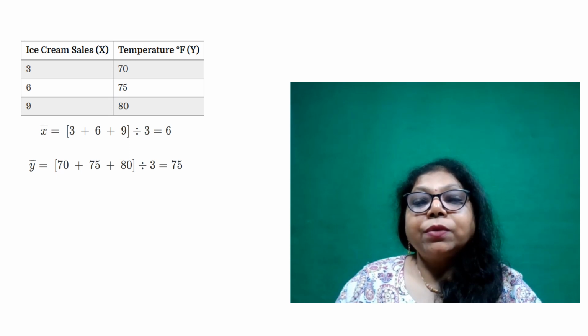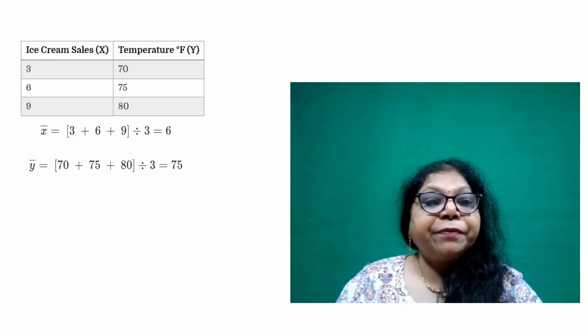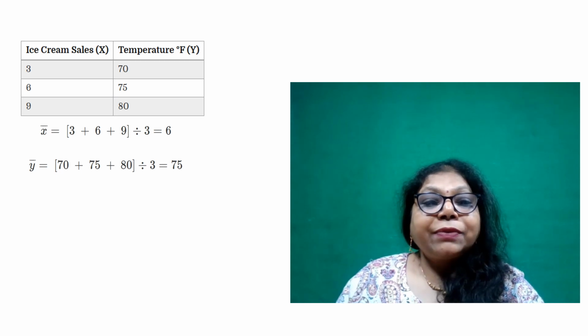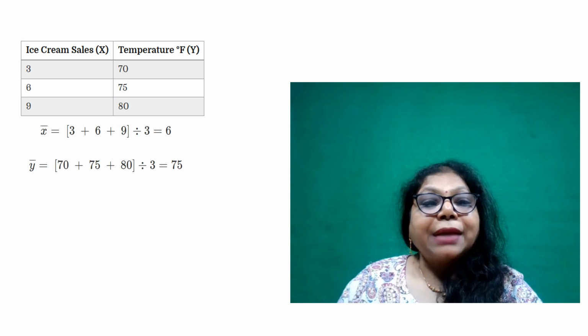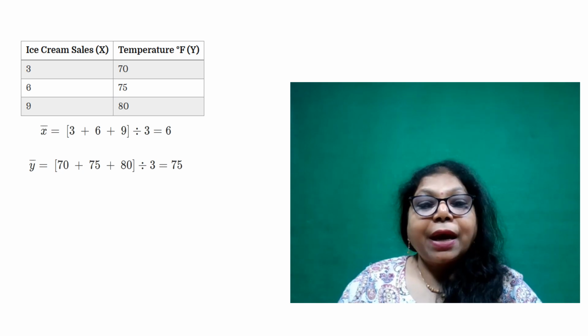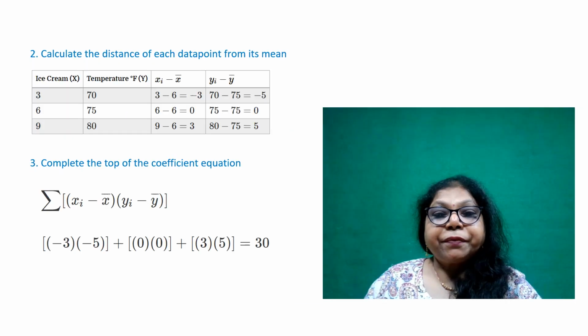Y bar is equal to the sum of all three temperatures, that is 70 plus 75 plus 80, divided by 3. So it comes to 75. This was the first step, finding the sample means. Here we can see the x bar value is 6 and the y bar value is 75.